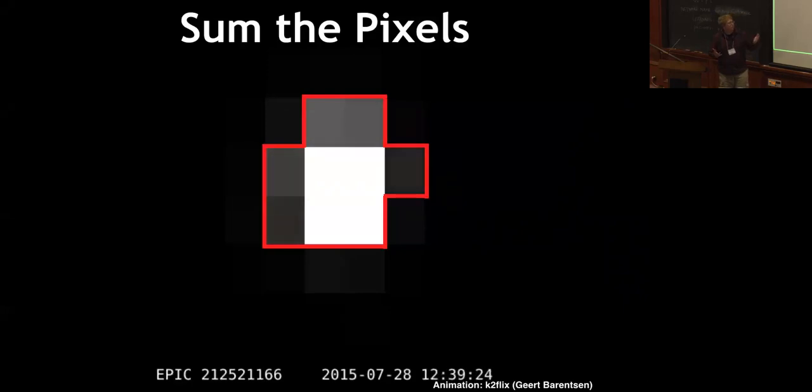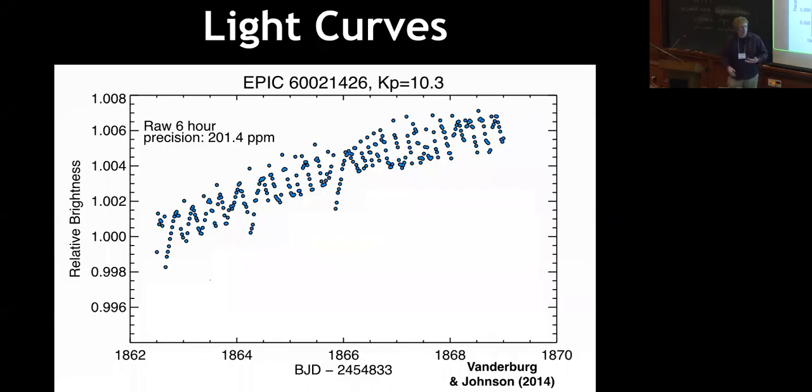This is K2, so you can still see that there's some light that's moving back and forth, and there's some light that's falling inside and outside of those pixels. And that introduces some issues. So when you make these brightness measurements, you get something that looks like this in K2. Now, you've been seeing Kepler light curves all day. You're used to seeing these really beautiful tight lines showing the brightness measurements.